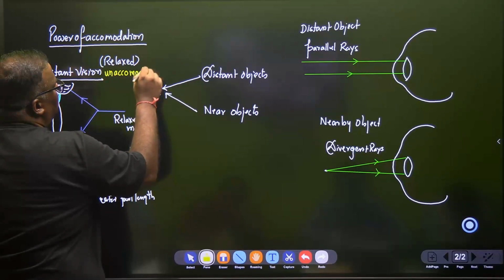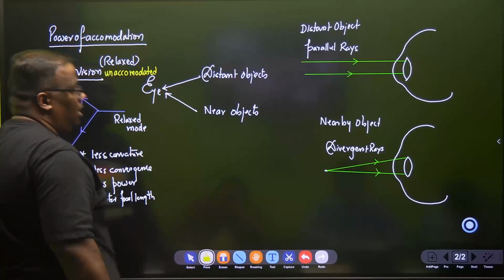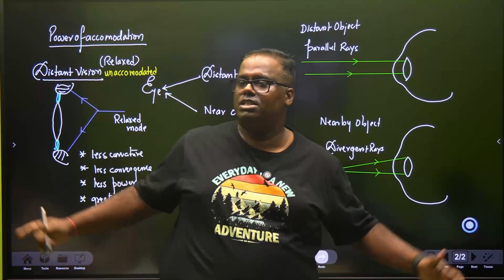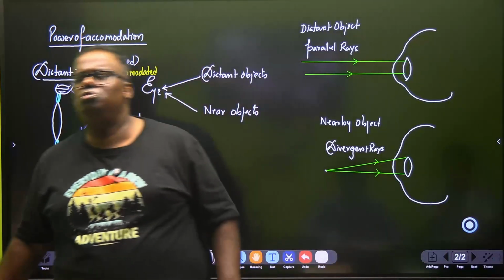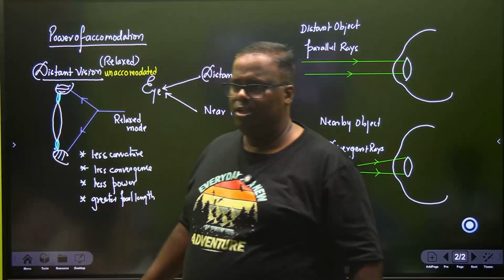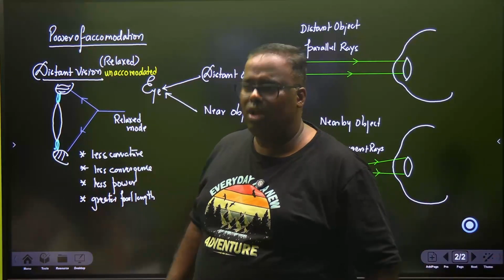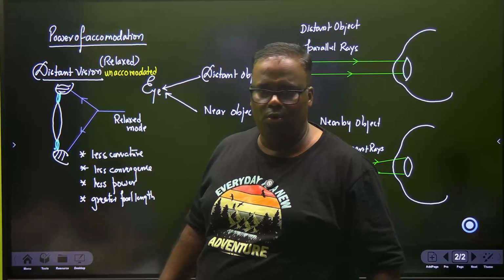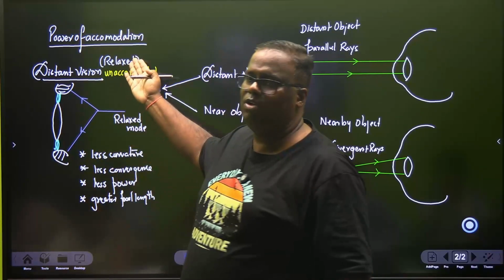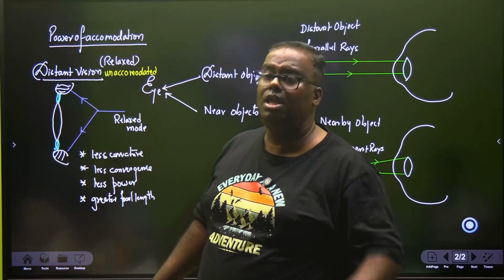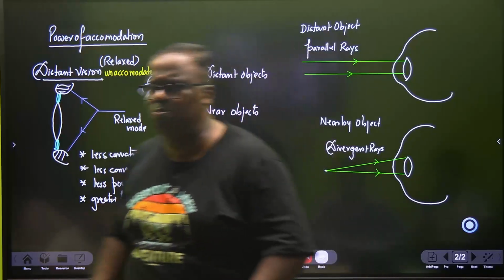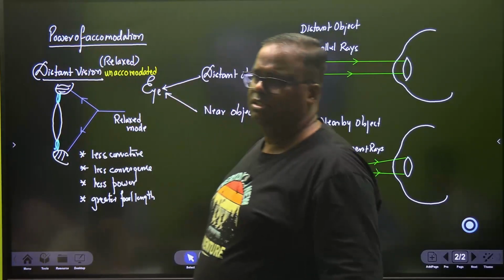Achha, what do I mean by that? Imagine, my child, you are sitting in one single seat of the bus and there are no more children getting inside the bus. You are relaxed. Do you have to accommodate anyone on that seat? No. So you are relaxed. Whenever you are relaxed, your eye is said to be unaccommodated. There is no tension on you.